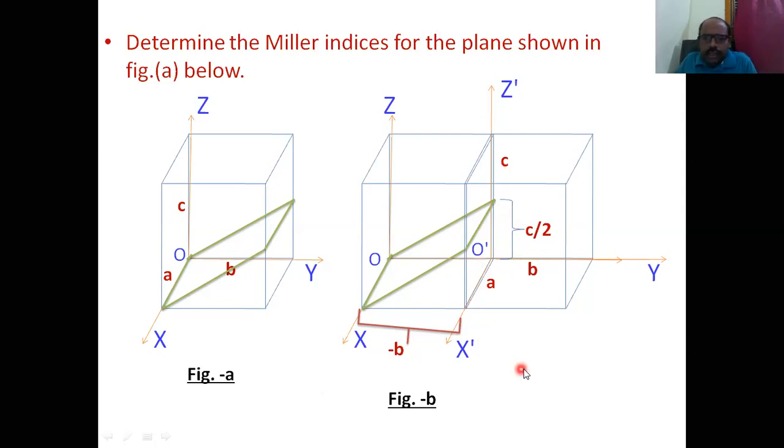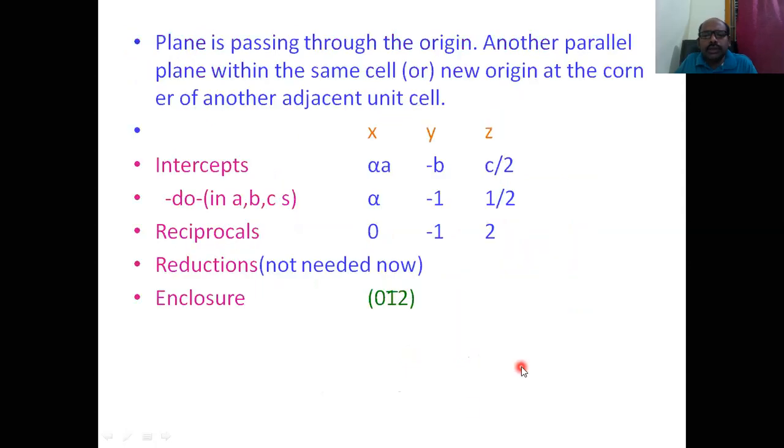Now the next process, the simplification process. We have infinite, minus b, c by 2, and we express the intercepts in terms of lattice parameters. Therefore, infinite, minus 1, 1 by 2. Next, the reciprocals of these intercepts: 1 by infinity is 0, 1 by minus 1 is minus 1, and 1 by 1 by 2 is 2.